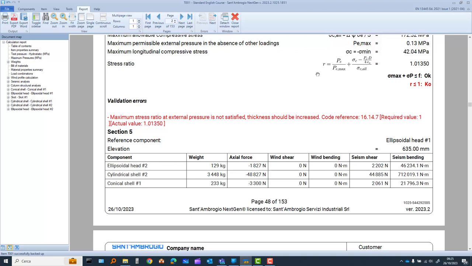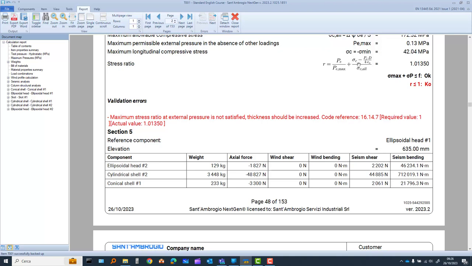If you remember, the explanation I have given on this problem of the external pressure, when the compressive stress due to the external pressure, which is not only in the circumferential direction, it's also on the axial direction, because the external pressure acts also from the top to the bottom, we have to consider the superposition of this buckling to the buckling due to wind and earthquake, because wind and earthquake cause a bending stress with compression from one side and tension on the other side.